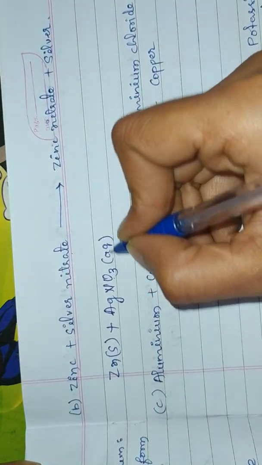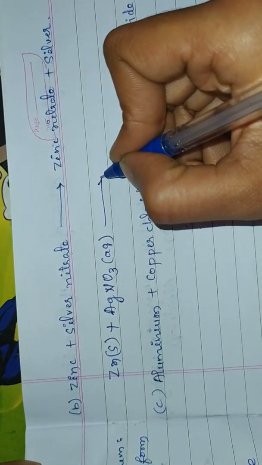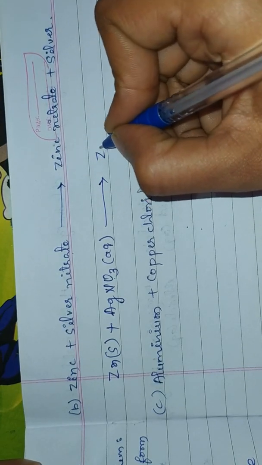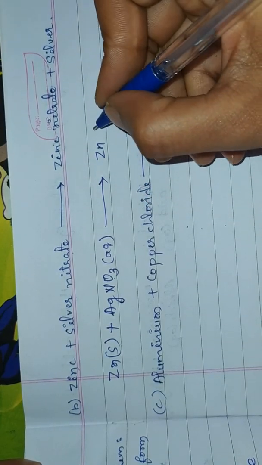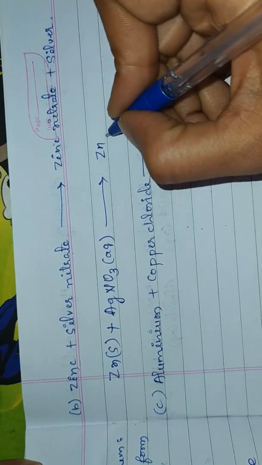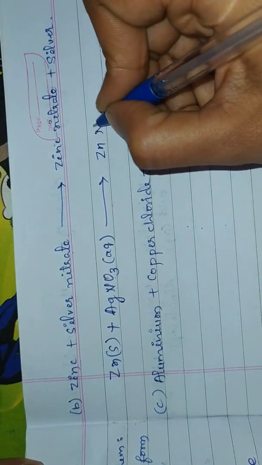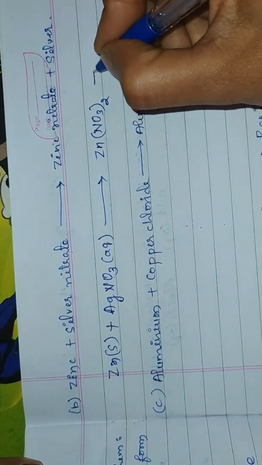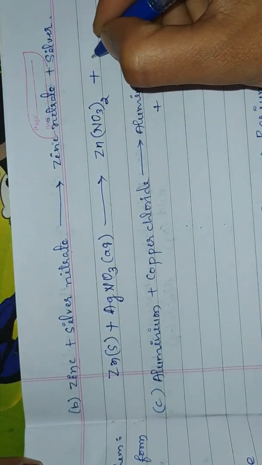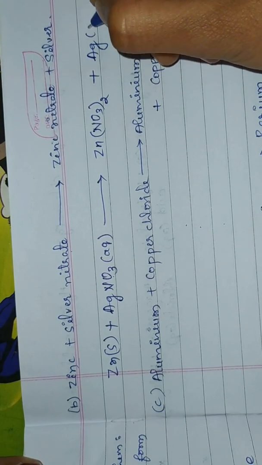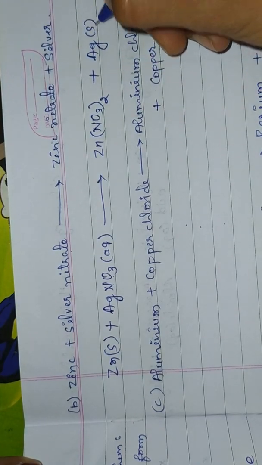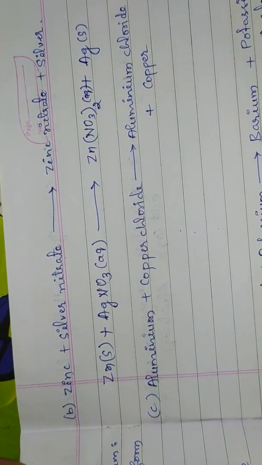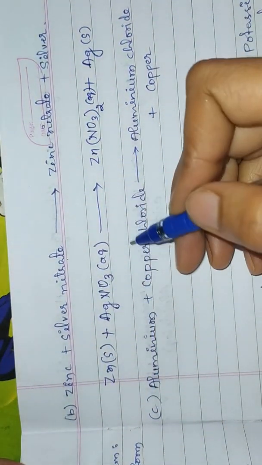Therefore we will write aqueous. It gives zinc nitrate. Chemical formula of zinc nitrate is Zn(NO3)2 plus silver. Okay, here silver is separated, therefore it is solid. It is aqueous. Now we have to balance the chemical equation.